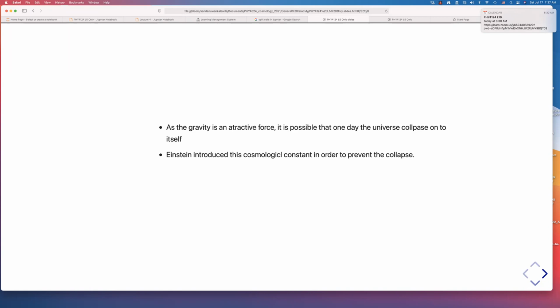And so Einstein didn't like it. So he introduced this cosmological constant in order to prevent the collapse, right? So that's the idea. He thought that if there is only gravity, this can collapse one day. So maybe I should put this constant here. So he put the constant to prevent the collapse of the universe.